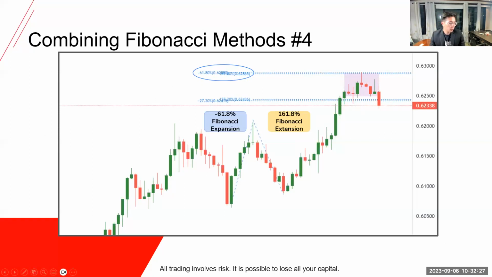All right, we can see right here your negative 61.8% Fib expansion and 161.8% Fib extension. Negative here, and then the 161.8% Fib extension, because you can see price actually broke past the negative 27.2 and then followed by the 127.2%.